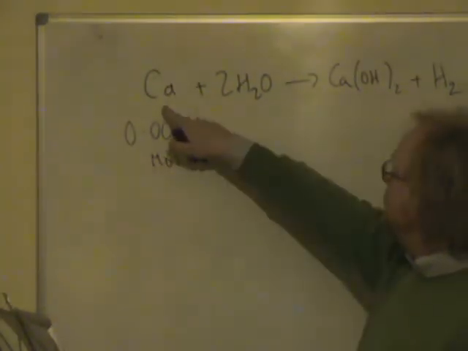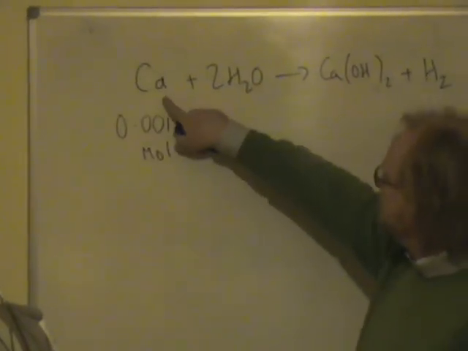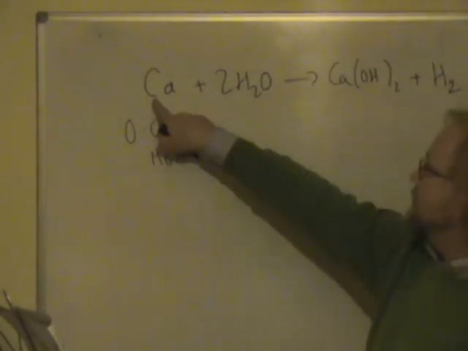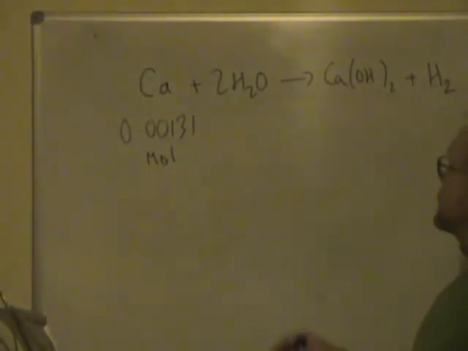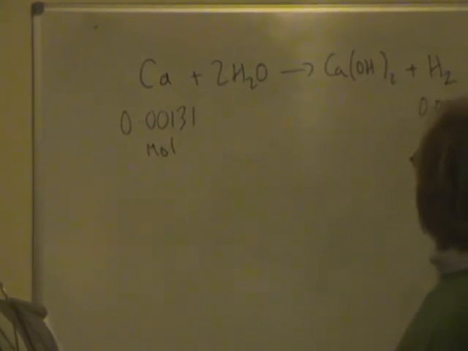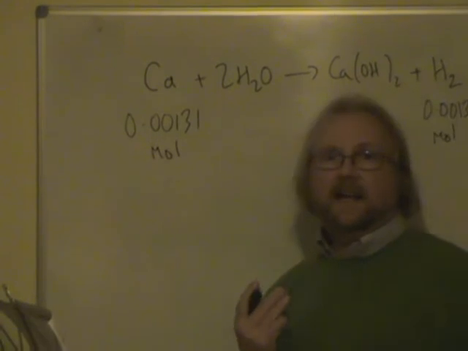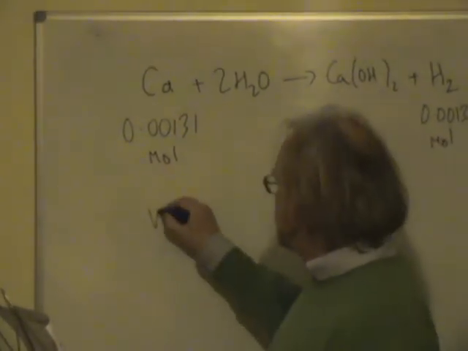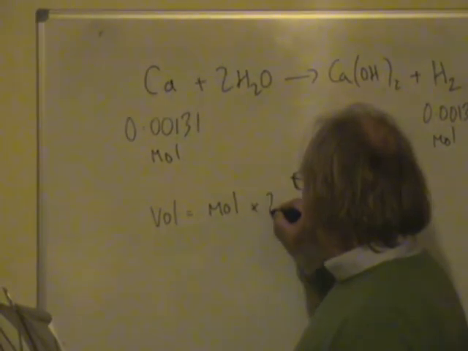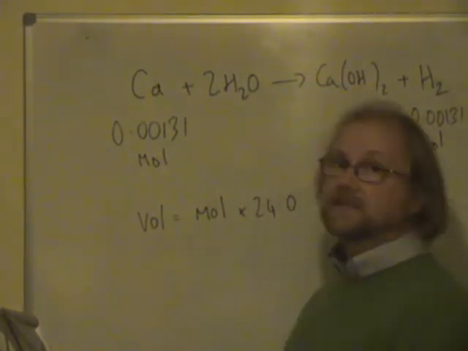And the point about the equation is it tells you however many moles of calcium react, you get the same number of moles of hydrogen, because one calcium goes to one hydrogen. So we'll get 0.00131 moles of hydrogen. And for gases like hydrogen, the volume is equal to the moles times 24.0 dm cubed.